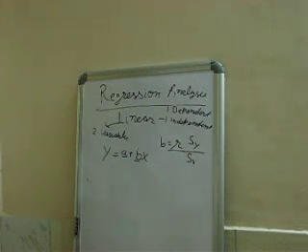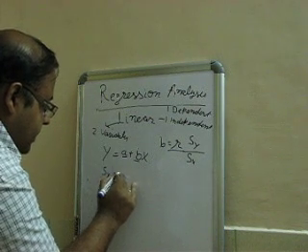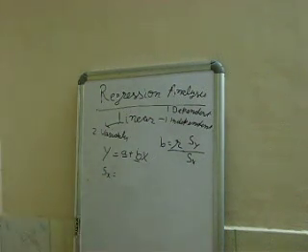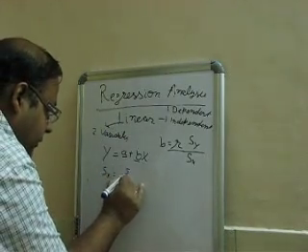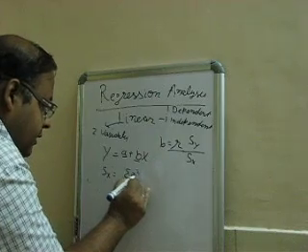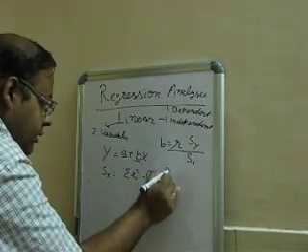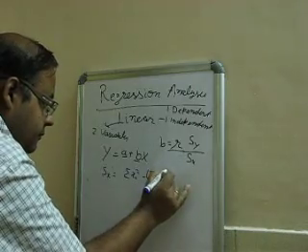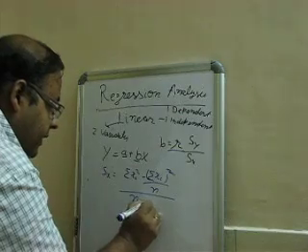Now what is Sx and Sy? Sx is the standard deviation of x and Sy is the standard deviation of y. So it will be the square root of summation xi square minus summation xi whole square divided by n, all divided by n minus 1.